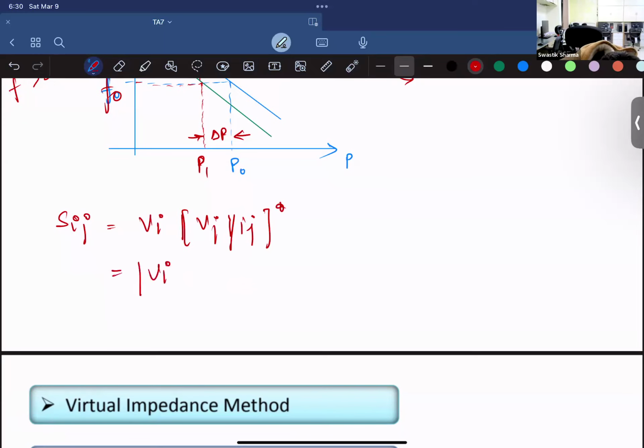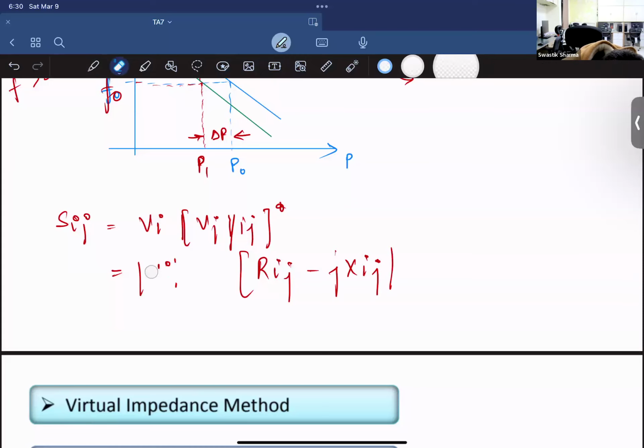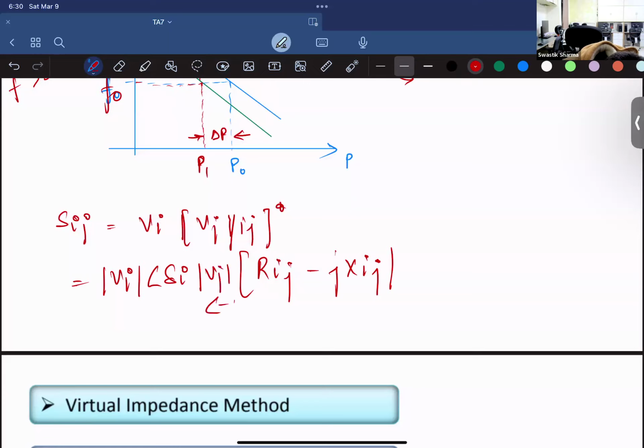So this becomes Vi Vj, and we have some R component, Rij minus j Xij, at angle delta i, and this will have Vj at angle minus delta j because of that conjugate.